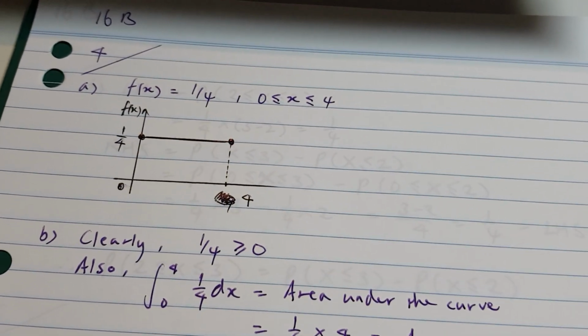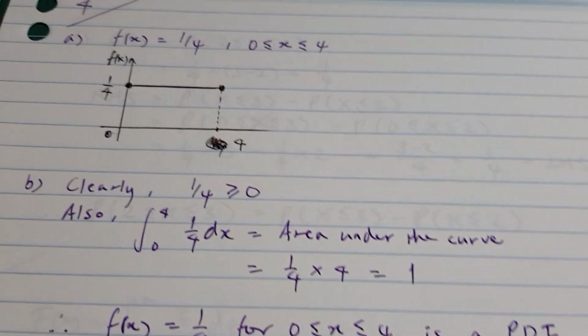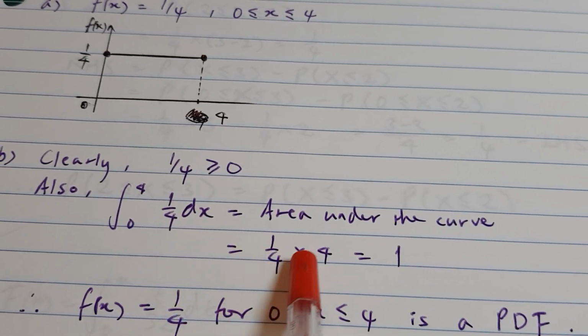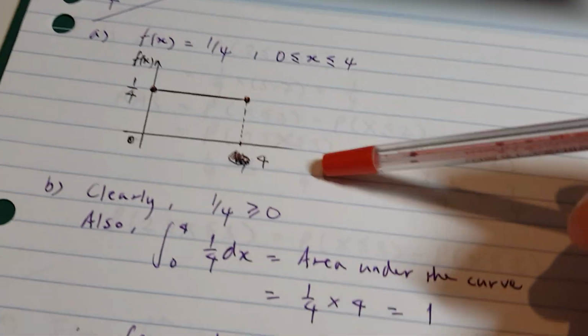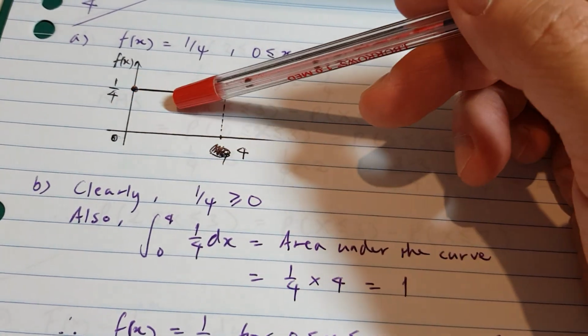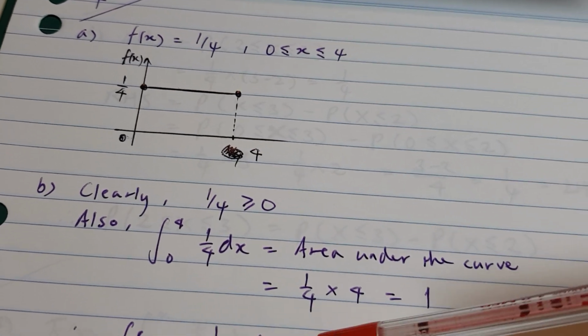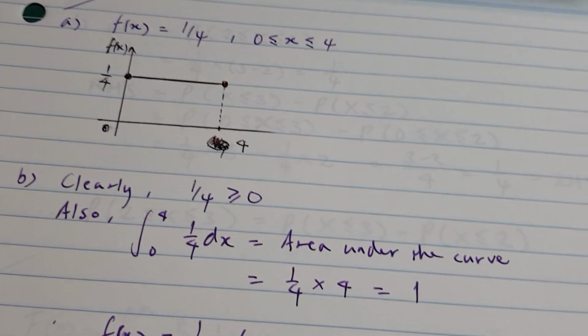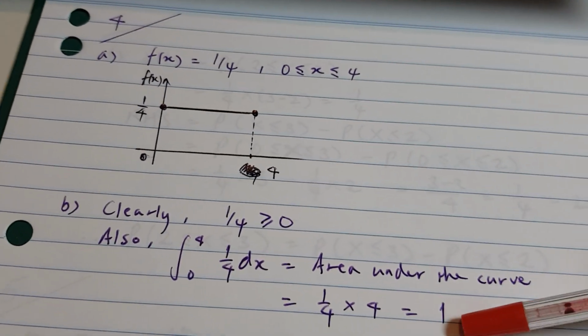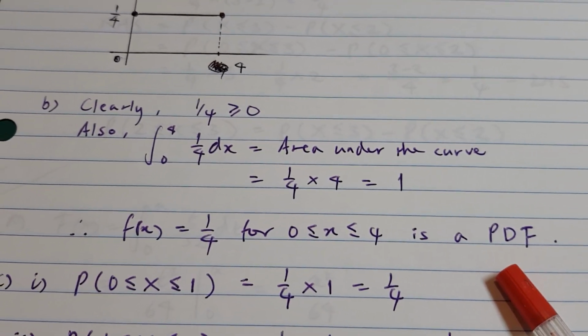In this case it's a straight line, but we can generally say it's a curve. If you want, you can just do the usual integration, or you can notice that this forms a nice rectangular area. So just use the area formula for the rectangle, a quarter times 4, which gives you 1. So therefore, this is a probability density function.